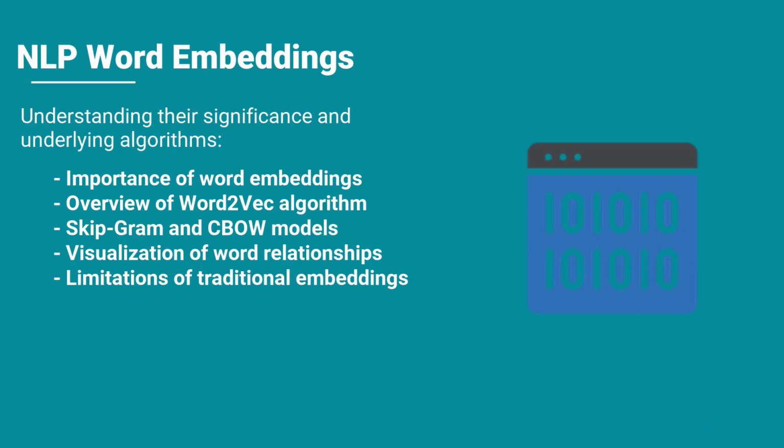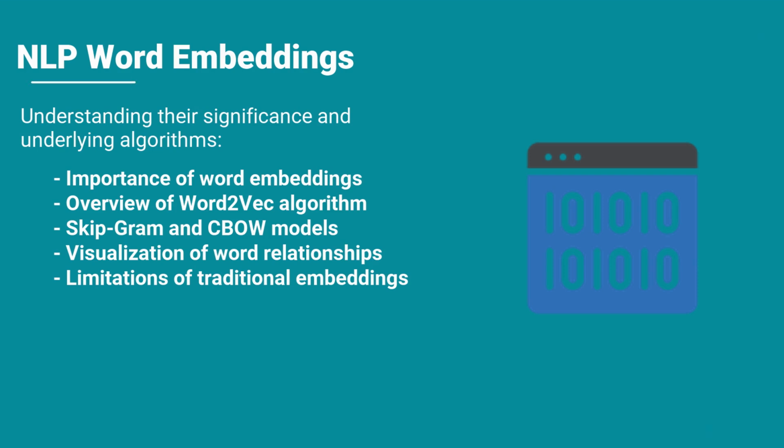So far, we've learned about the importance of word embeddings in natural language processing, focusing on the word-to-vec algorithm. We explored how these embeddings represent words in a dense vector space, capturing semantic relationships and allowing us to detect contextual similarities.